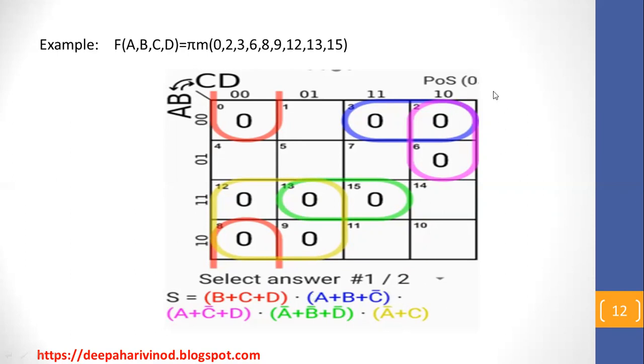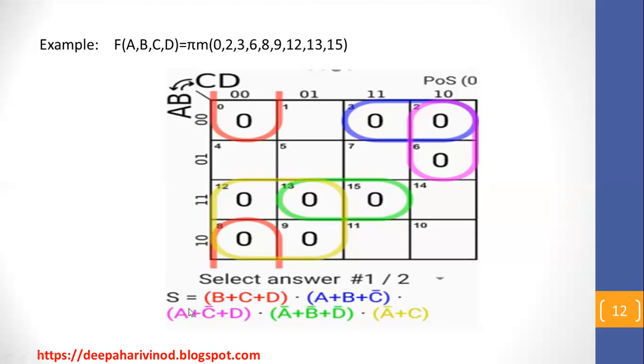And for this, what will be the equation? 1 0 is common for both the zeros. 1 0 means it is C bar plus D, plus what is common over here, it is A. A plus C bar plus D will be the equation for this group. Hope you can understand the equation of a particular group by identifying the colors over here.